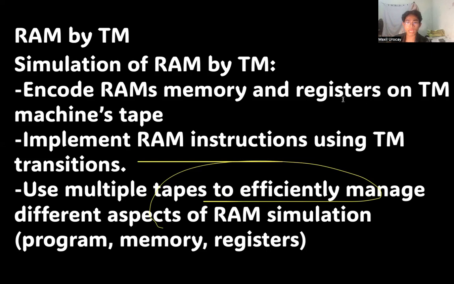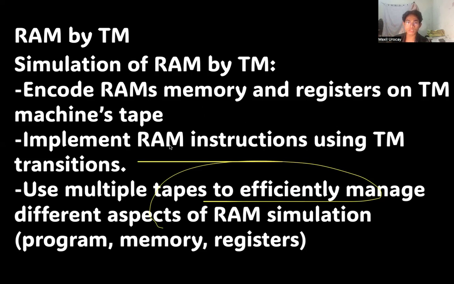The program tape is responsible for holding the instructions, the memory tape is responsible for storing data values, and the register tape manages the register values. This helps maintain clarity and efficiency in simulating the different parts of a RAM using a Turing machine.